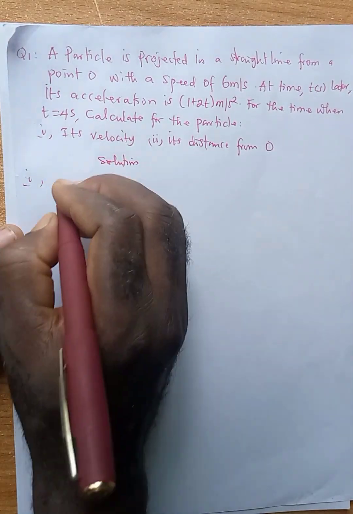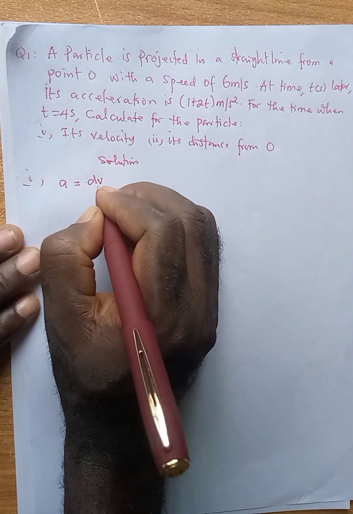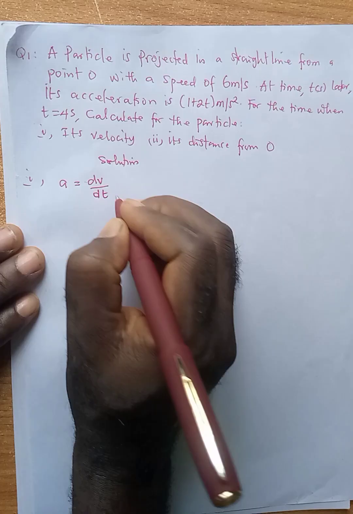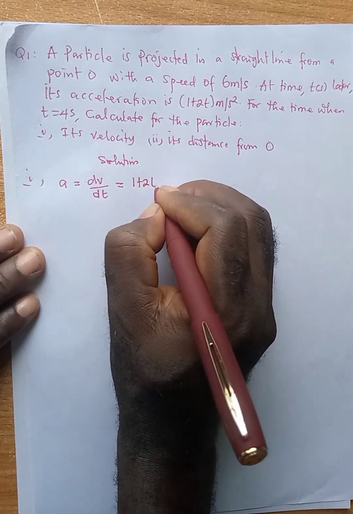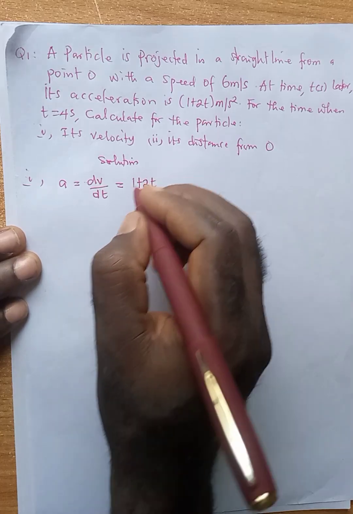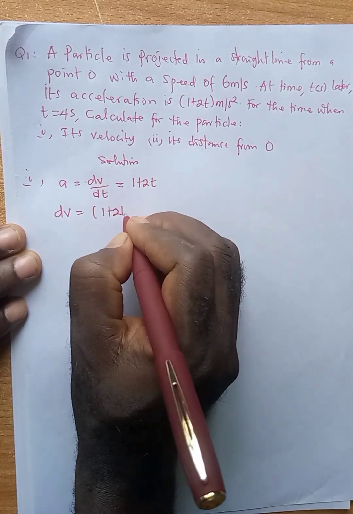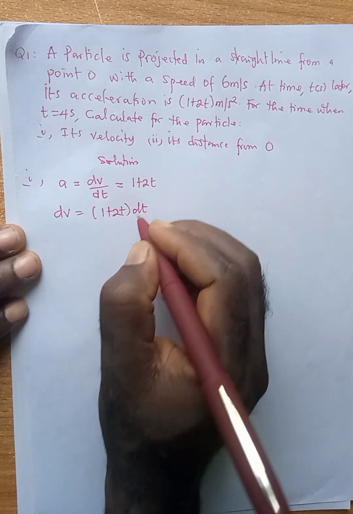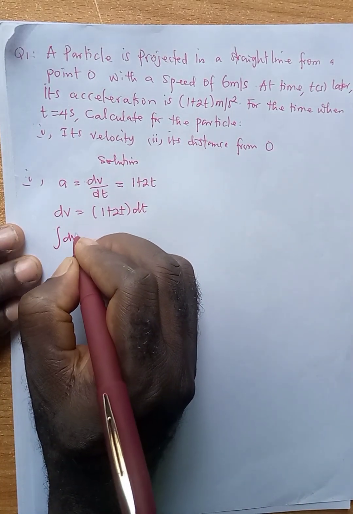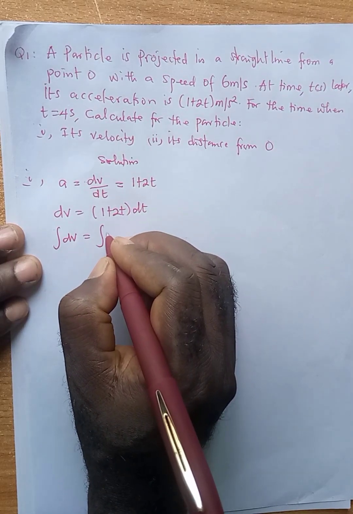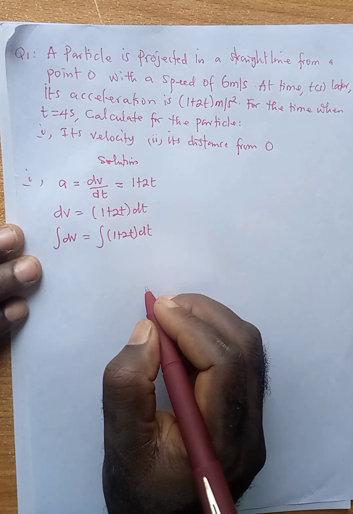We know that acceleration is obtained when you differentiate velocity with respect to time, and the acceleration is given to us as 1 plus 2t. Then from here we have dv equals (1 plus 2t) dt. Then you integrate both sides. We integrate dv, and we integrate 1 plus 2t with respect to t.